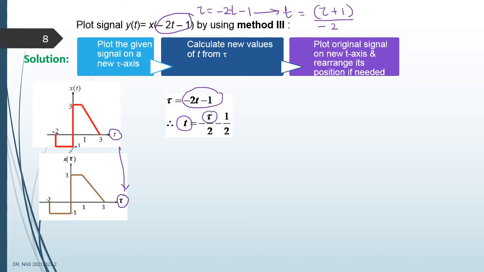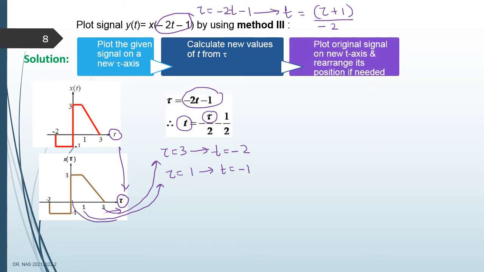Then you need to calculate the new t values based on tau. Tau you can get from this graph. So the new t: what happens when tau equals 3? Your new t equals negative 2. When tau equals 1, your new t equals negative 1.